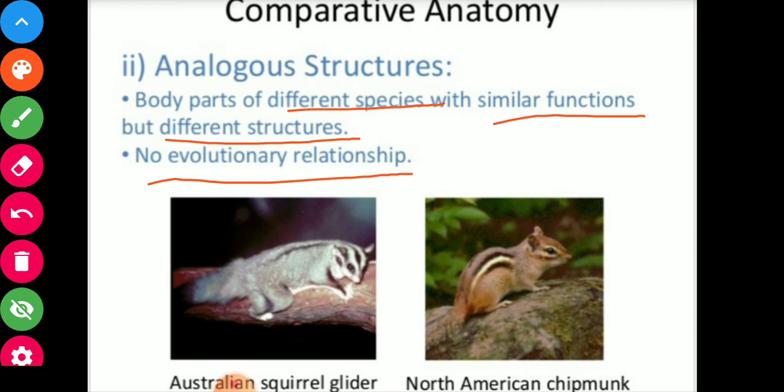Australian squirrel and North American chimpanzee they are similar in appearance, and this is the example of analogous structures. They are showing some structure, they are similar in function but different in structure.